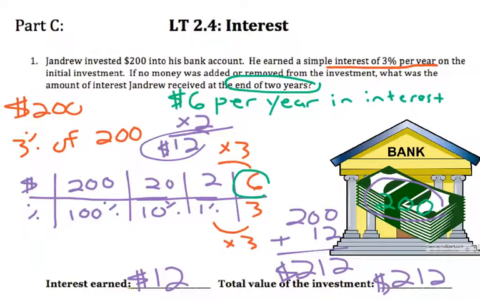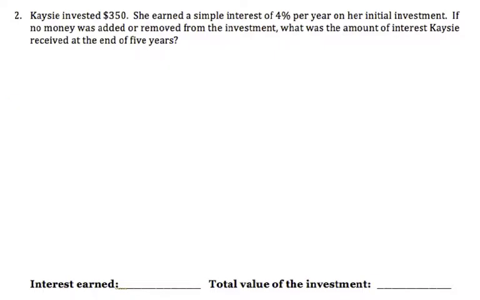All right, let's try a couple more examples. Number 2 says, Casey invested $350. She earned a simple interest of 4% per year. So it's going to be 4% per year.